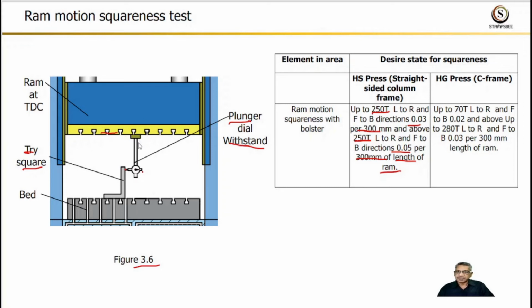Take the ram in downward direction and note down the reading. To verify the reading, change the position of the tri-square to 180 degrees and repeat the process. If the deviation is more than the allowable range, the corrective action is required. The general corrective action is ram parallelism setting.